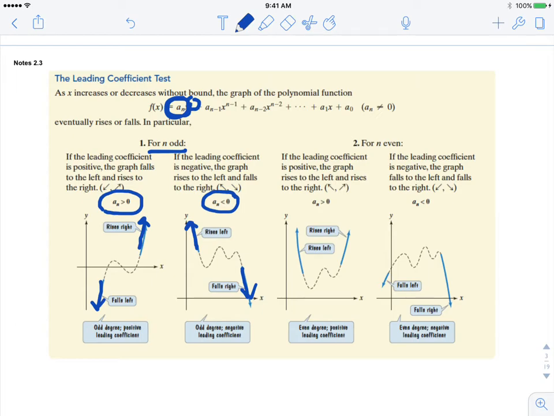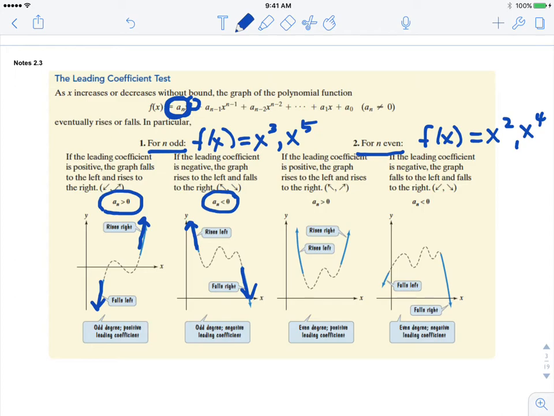All right, let's go to situation 2, when your degree is even, so something like f of x equals x squared or x to the fourth. I should come back over here. This would be something like f of x equals x cubed or x to the fifth.